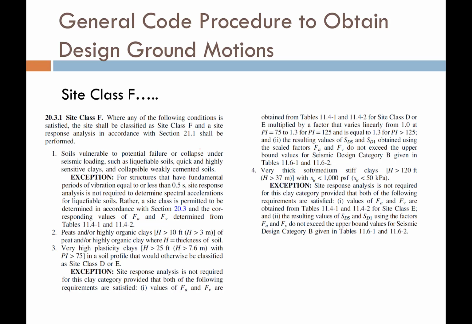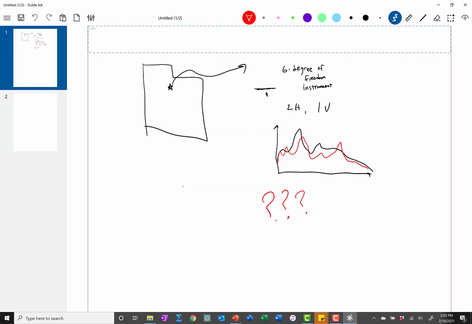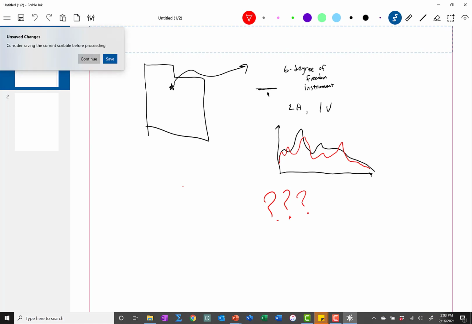And so we're going to call that a site class F. However, you'll notice that for each one of these there's exceptions. So for that first rule, you have an exception if the period of your structure is equal to or less than 0.5 seconds. And again, the reason for that, if we go back to the whiteboard, is pretty simple.